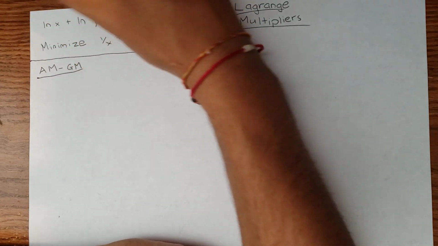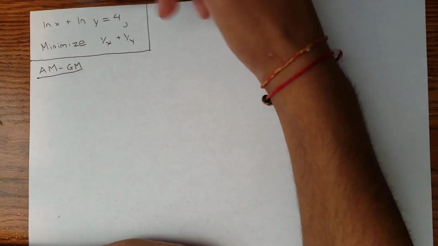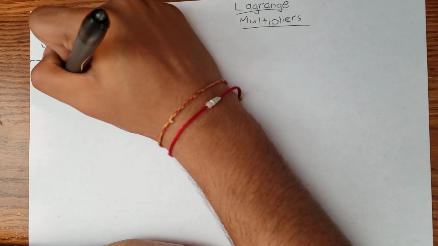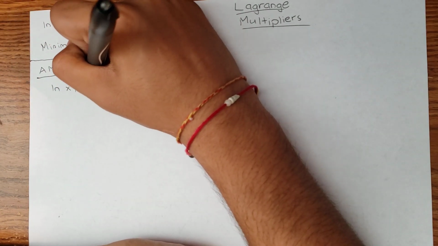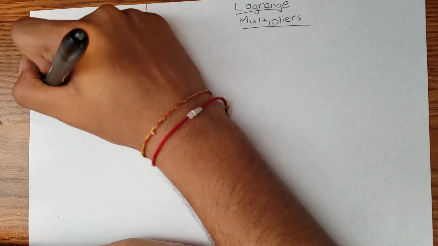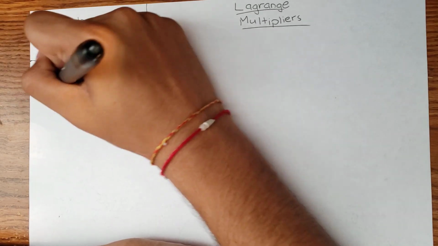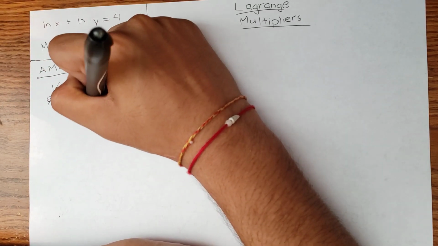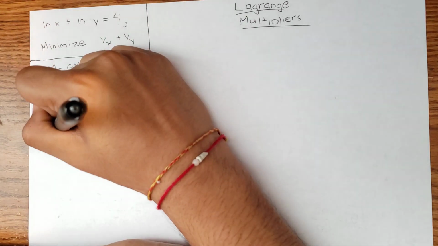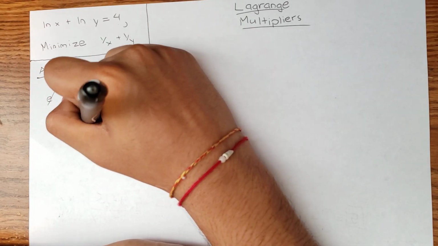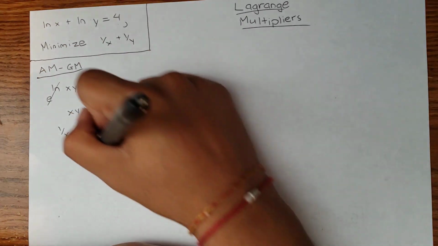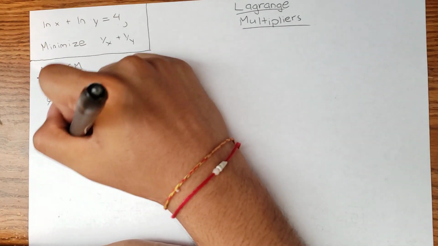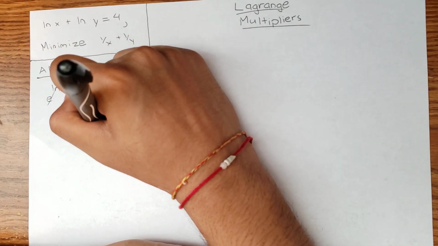So using properties of natural logs, we can combine these two into natural log xy equals 4, which if we raise both sides from e, we'll get xy equals e to the power of 4. And we're trying to minimize 1 over x plus 1 over y. So we can try to consolidate these two terms by giving them a common denominator of xy.